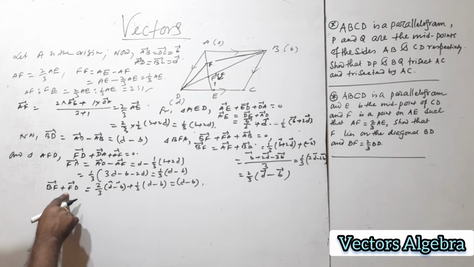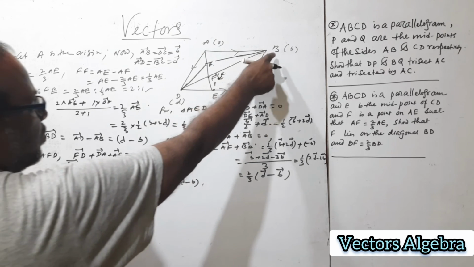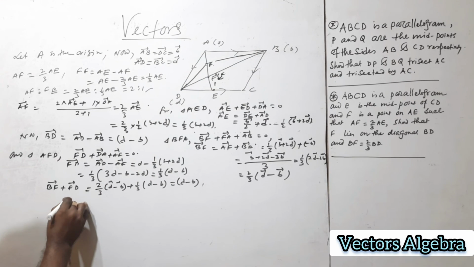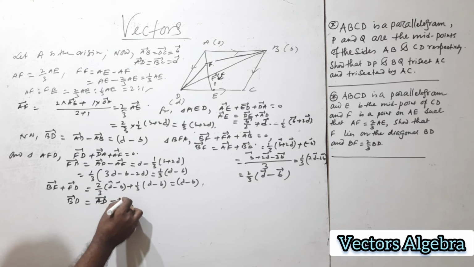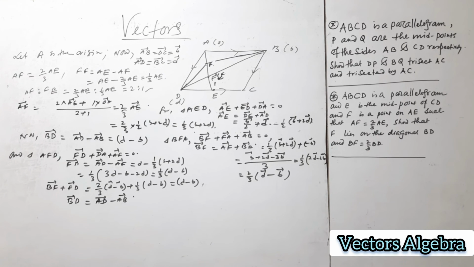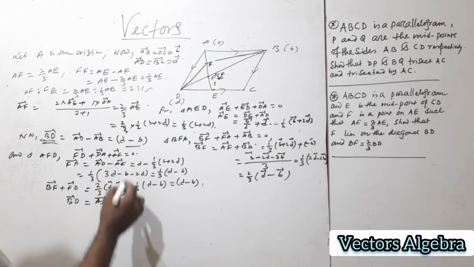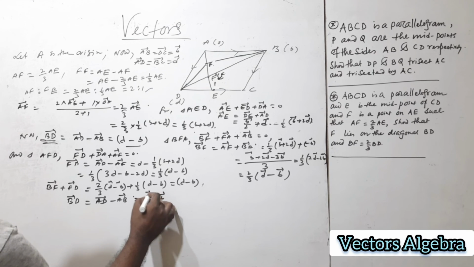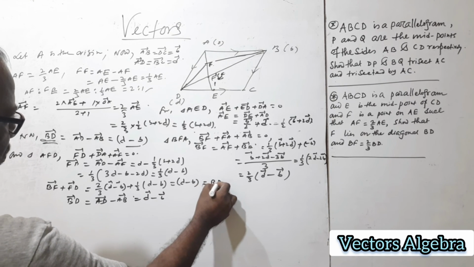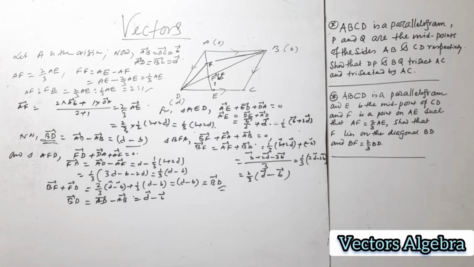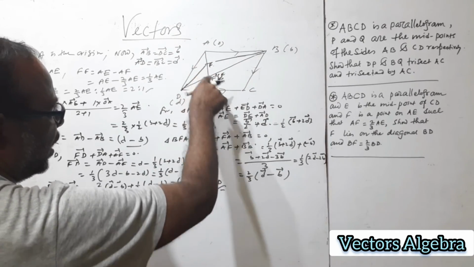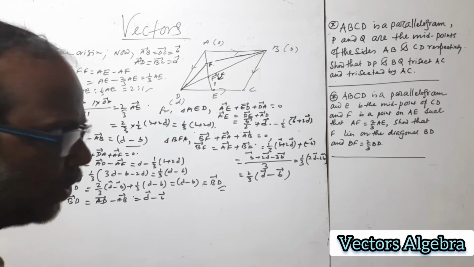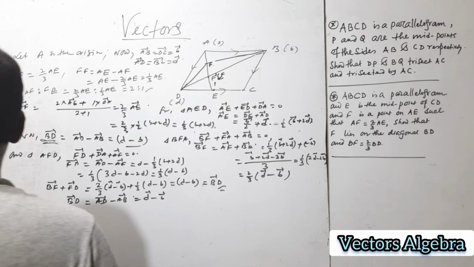Now this is BF plus FD. Now find BD. This is AD minus AB, so here BD. This is d minus b vector. So that is equal to BD. So it's proved that the sum of these two vectors is equal to BD. So it means F lies on the F dash. So F and F dash are the same point. Okay, that is proved.